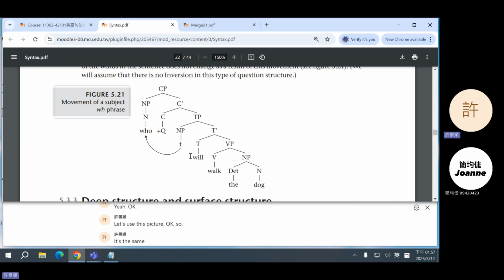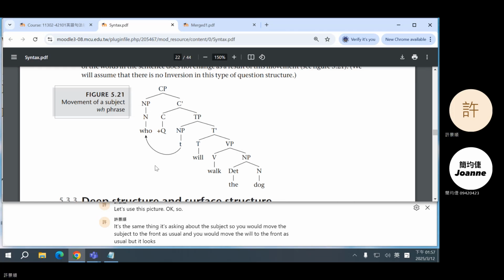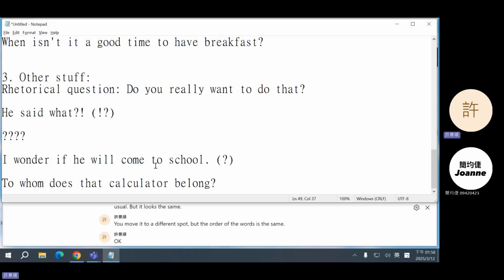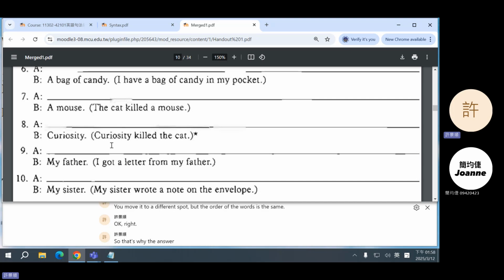It's asking about the subject. So you would move the subject to the front as usual, and you would move the "will" to the front as usual, but it looks the same. You move it to a different spot, but the order of the words is the same. Okay? So that's why the answer is "What killed the cat?"